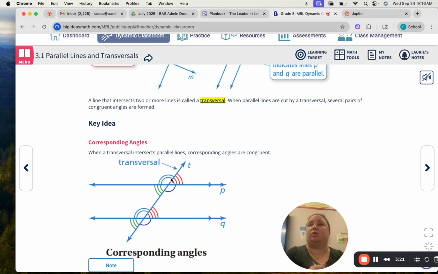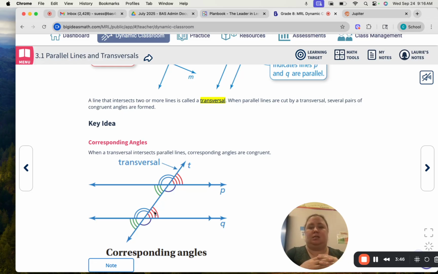Those are called corresponding angles. Corresponding angles are always congruent, meaning they have the same measurement. See the single blue line, that means that angle is that one. The double blue line means that angle equals that angle. The green triple line means that angle equals that one, and the 4 red lines means that angle equals that angle.